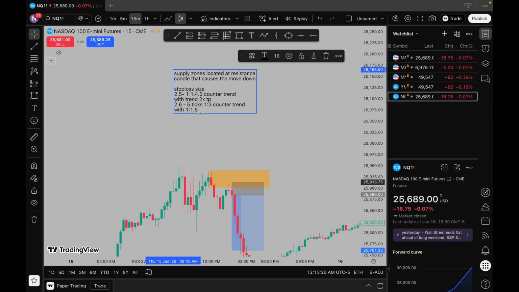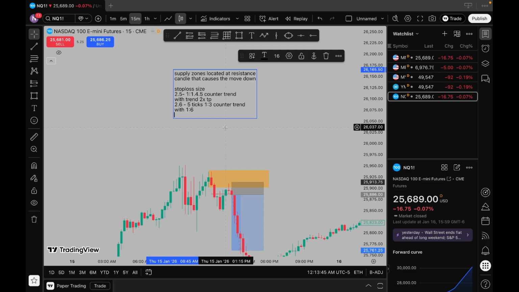Whatever the size of your stop loss, if it's between 2.6 ticks to 5 ticks, it's going to be a 1 to 6 when you're trading with the trend. If you're trading counter trend, it's a 1 to 3.